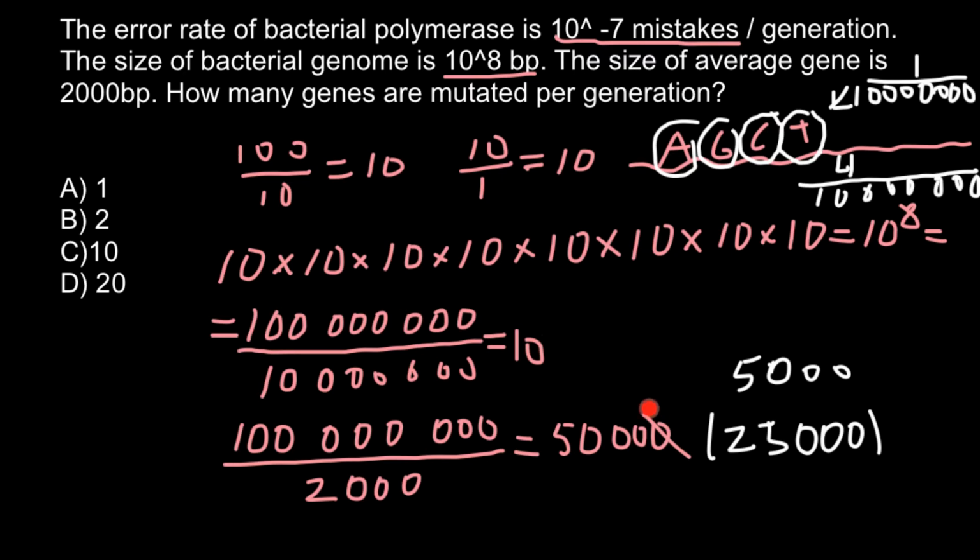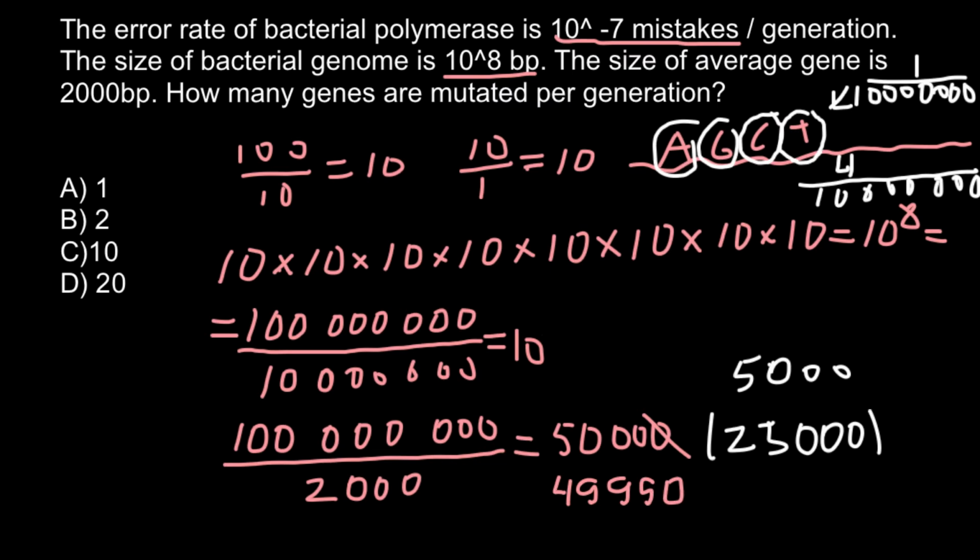And if the whole genome, even if we take these numbers, would contain 50,000 genes, that means that 10 genes would have a mistake, and 49,990 wouldn't have a mistake.